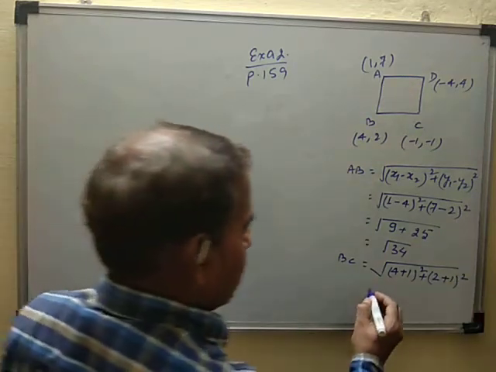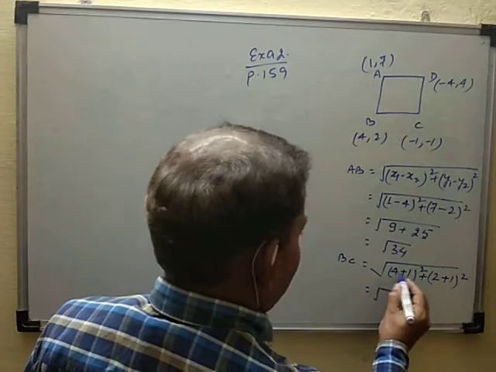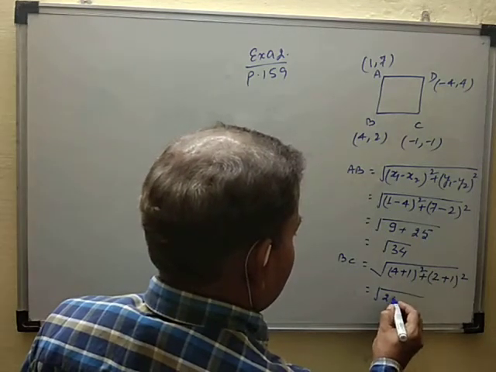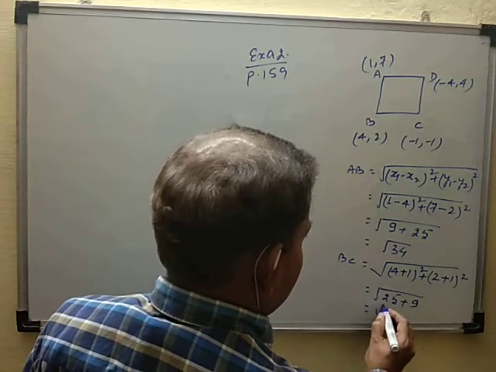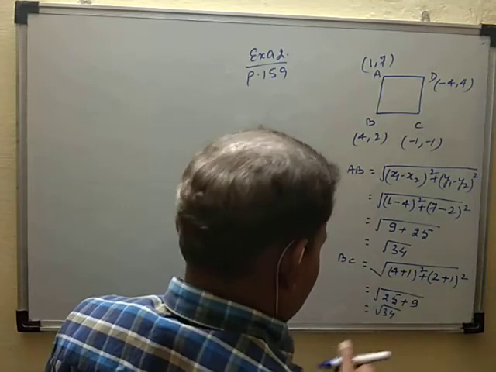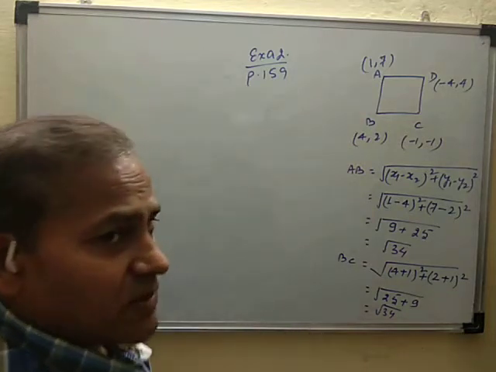Now simplify. Square root of 5 square is 25 and 3 square is 9, add, that is root 34. Same as AB.